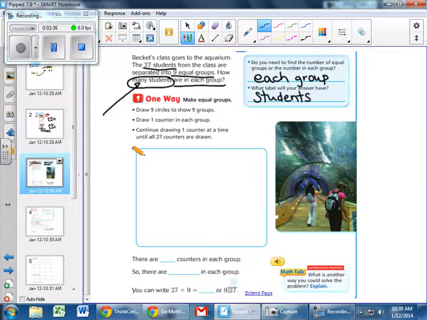When I go back and look at your books, I should see the same things underlined and circled that I have done in mine. Okay, so one way they want you to solve these is to make equal groups. So, step 1, draw 9 circles. 1, 2, 3, 4.